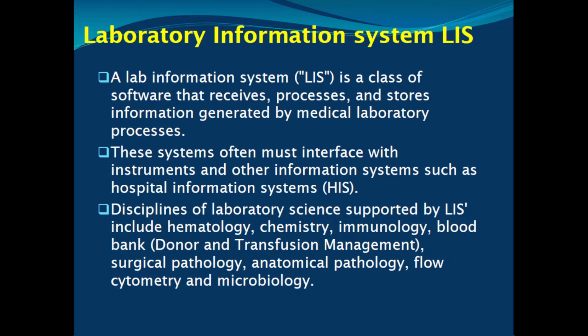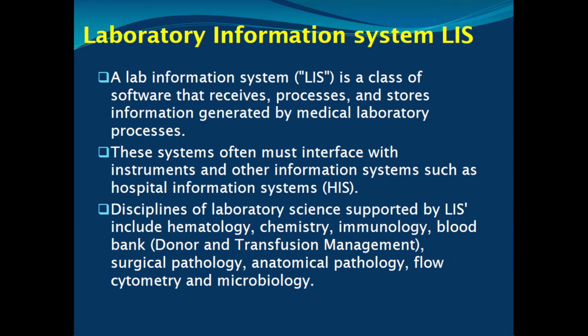The next type of information system is the laboratory information system. A laboratory information system, LIS, is a class of software that receives, produces, and stores information generated by medical laboratory processes.